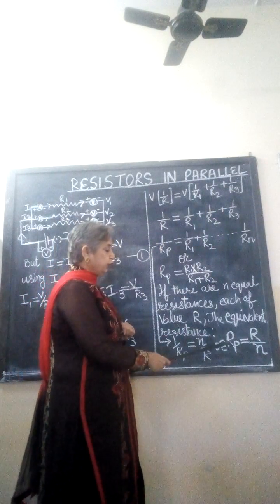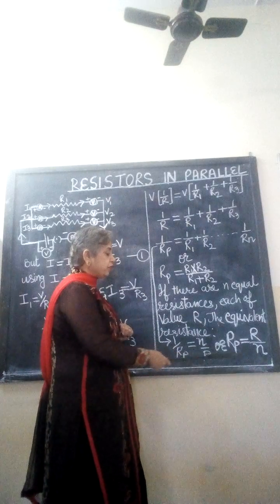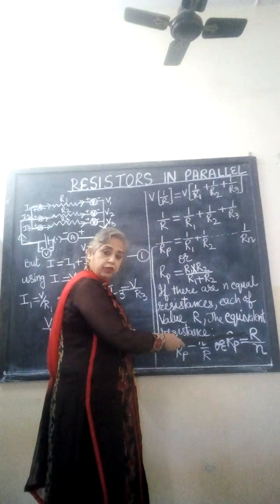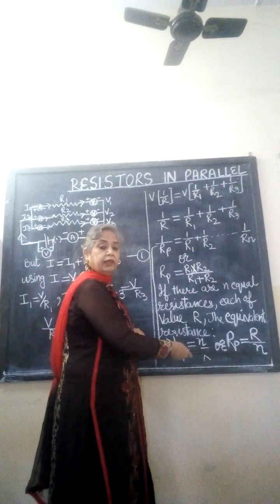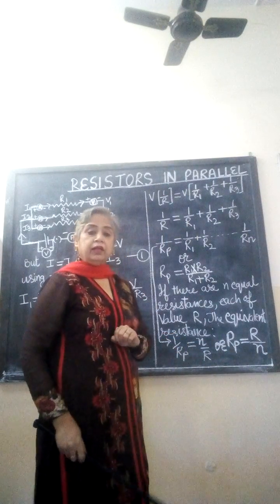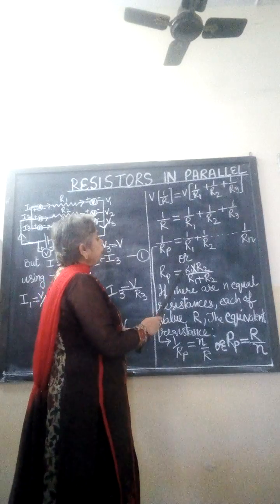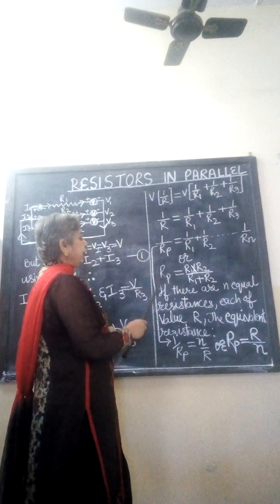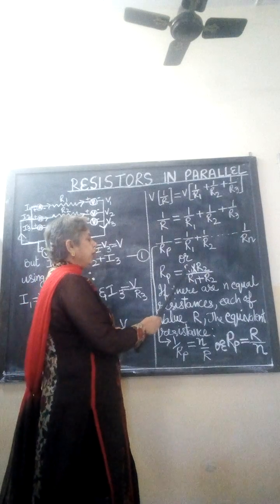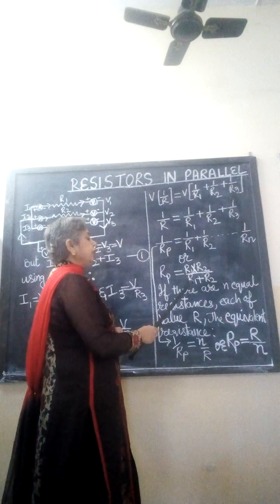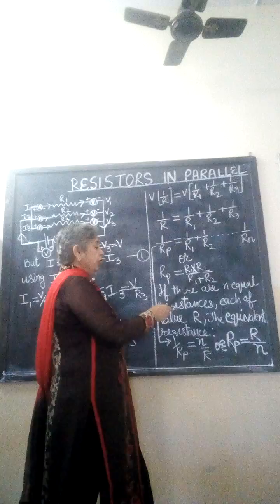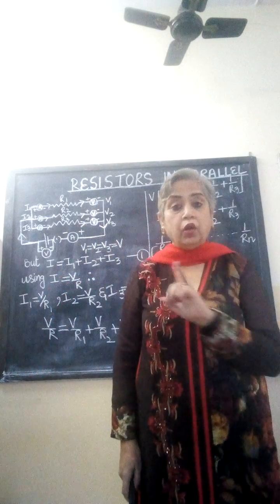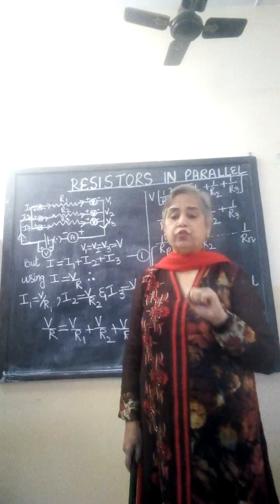Or directly you can find out equivalent resistance of the parallel circuit is equal to individual resistance divided by the number of resistors, right? Or if you don't want to find the reciprocal, directly you can find Rp is equal to R1 multiplied by R2 divided by R1 plus R2. But this is to be used when the resistors are not of equal values.